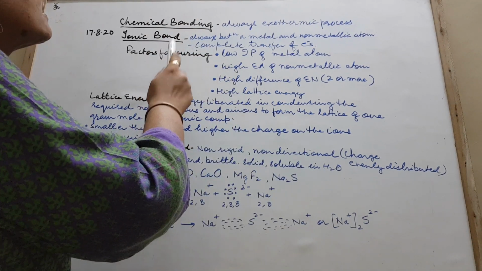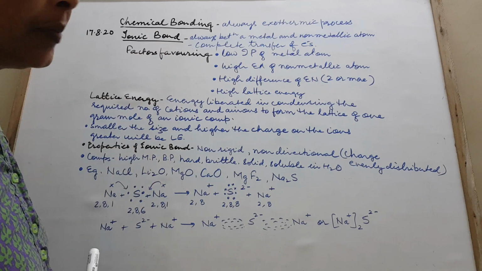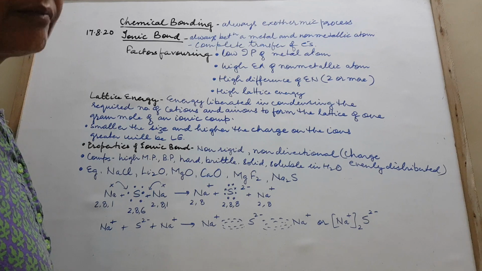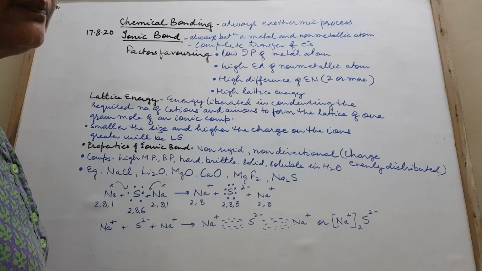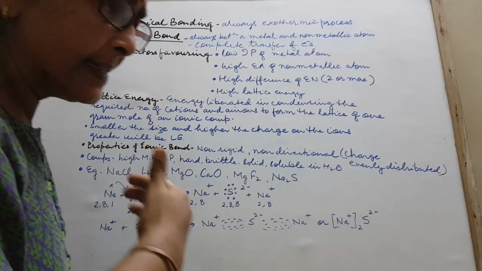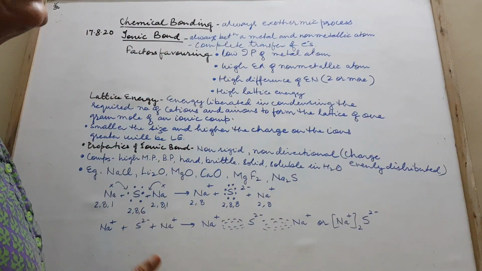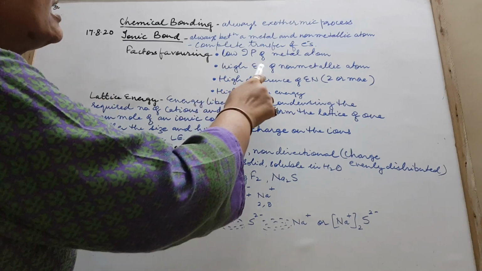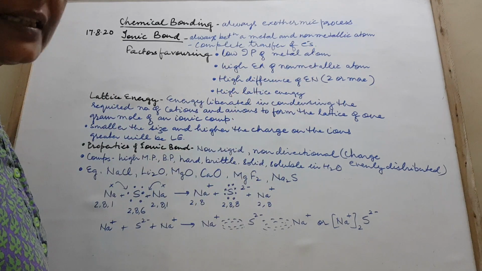Now, factors favoring ionic bond. Low IP of metal atom. Metal atom should have low IP so that it can easily give out an electron, less energy is required, easy release of electron and easily a cation is formed. Second, high EA of non-metallic atom.